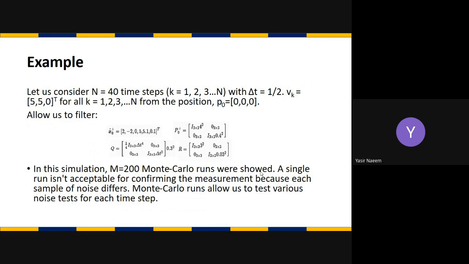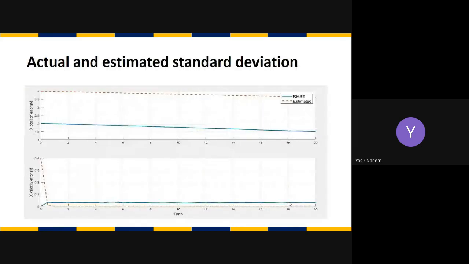So we pass it through a filter, which is the Kalman filter, which gives the values as shown in these equations. In this simulation, we used Monte Carlo runs because it updates, predicts, and updates and predicts, which allows estimations to be acceptable, and it also depends on each time step we used.